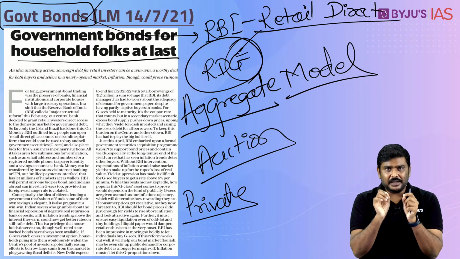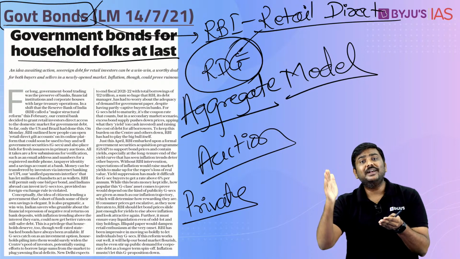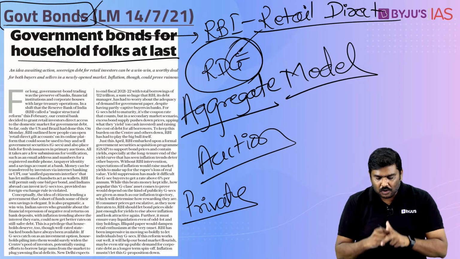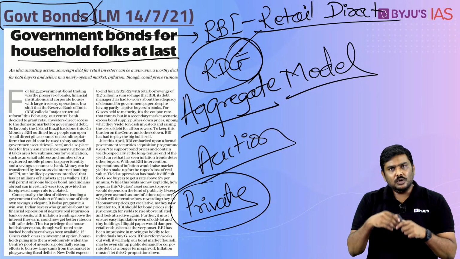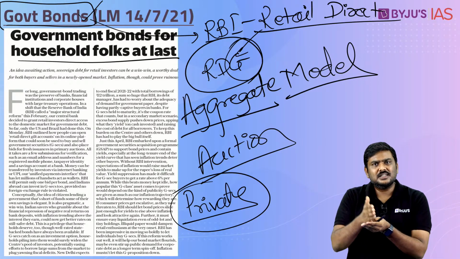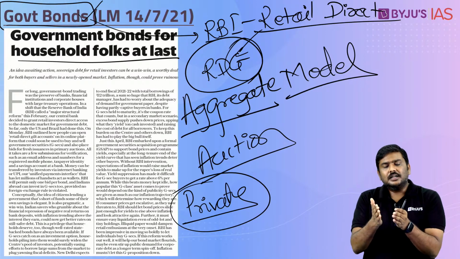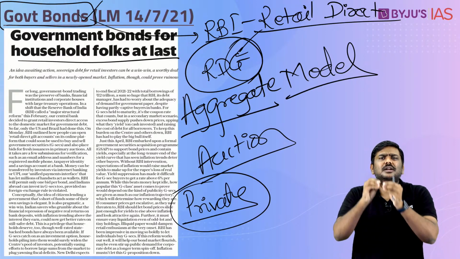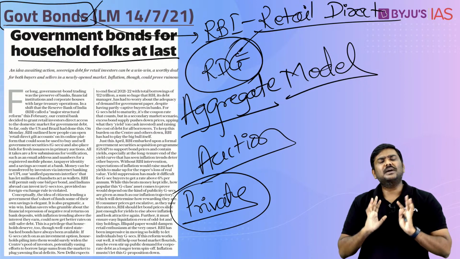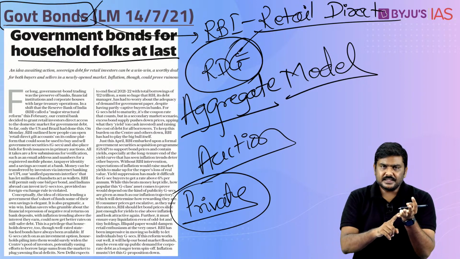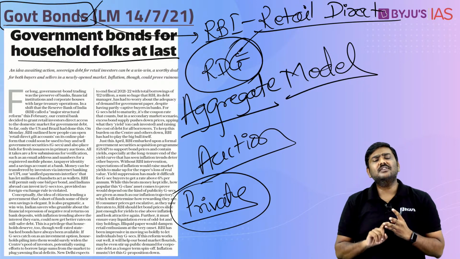Is it okay? I will repeat it, non-competitive bidding process. So under the aggregate model, the retail investor would log on to the websites or portals of either NSE or BSE and propose the bid. Basically, submit how much they want to purchase without quoting the price or the yield. Now have a look at this.